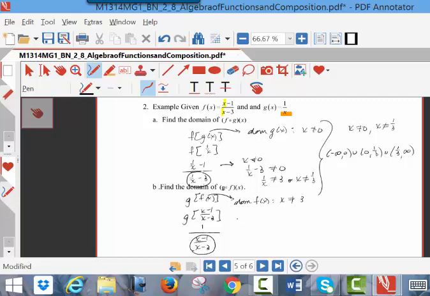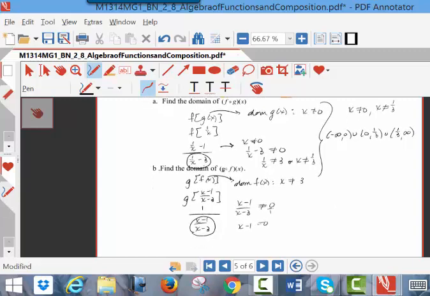So now we have to say x minus 1 over x minus 3 cannot be 0. And if we cross multiply this, then this becomes x minus 1 times 1 equaling 0, or x cannot be 1.